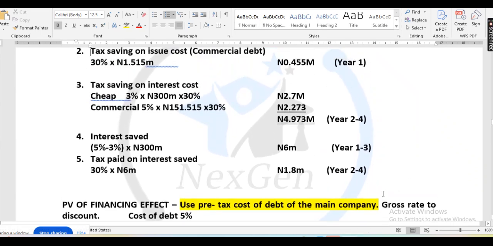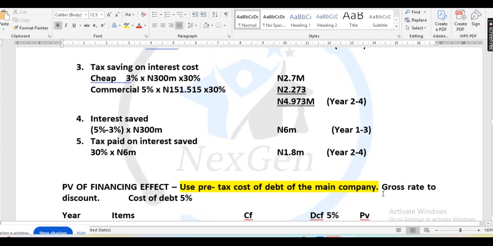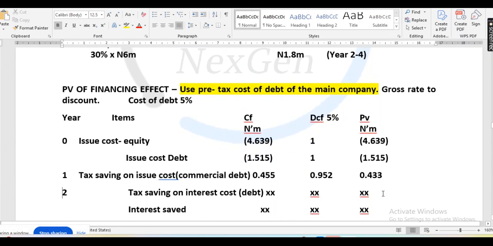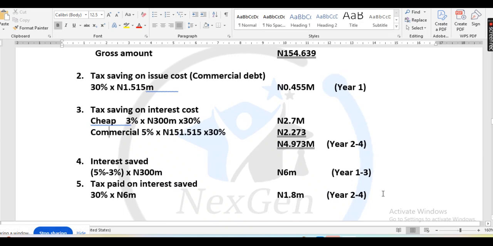Let's check. So after year 0, we have tax savings on interest costs, 4.973, right? From year 2 to year 4.